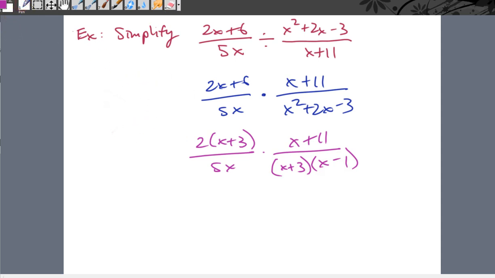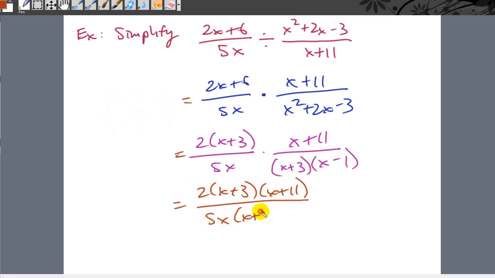And then we can go ahead and simplify. Like I showed you earlier, you can group these together or just cancel right off the bat. It is entirely up to you. Let's just put equals here. So we have 2 times x plus 3 times x plus 11 divided by 5x times x plus 3 times x minus 1.